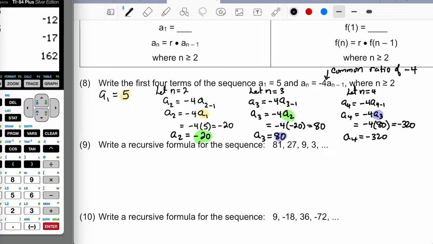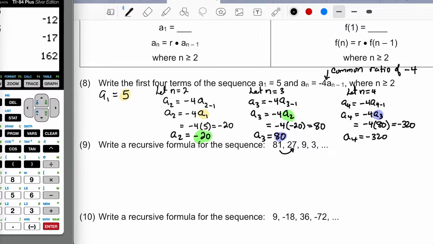All right. So multiple choice question where they say, what are the first 4 terms of the sequence? Boom, done. But if they say show all work and justify with appropriate notation, etc., then you'd have to do this. All right. But writing the recursive formula, that's much easier because again, all you need is the first term and the common ratio.